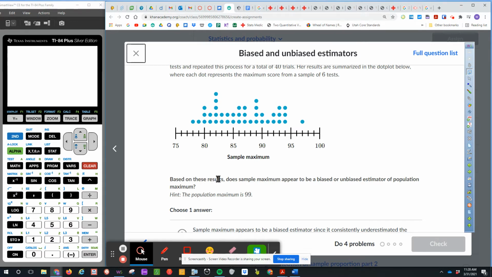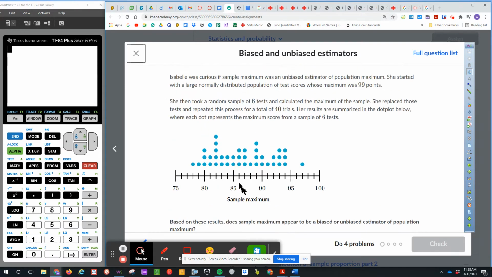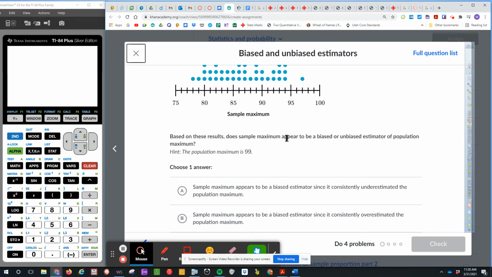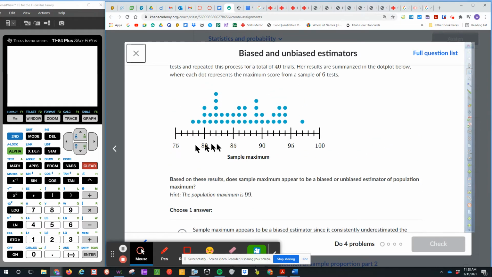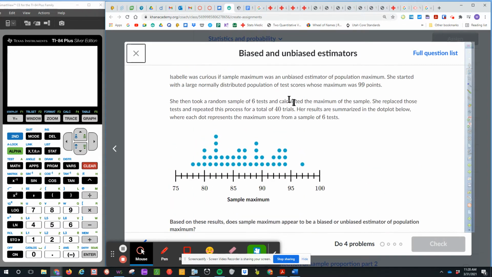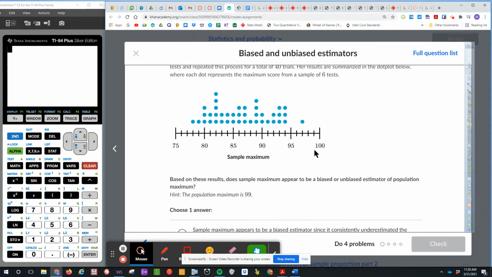So based on these results, does the sample maximum appear to be a biased or an unbiased estimator of the population maximum? The population maximum is 99, right? Here we were told that it's normally distributed with a maximum of 99.